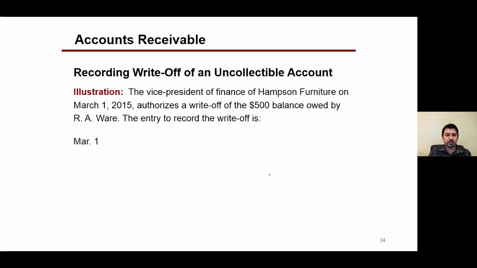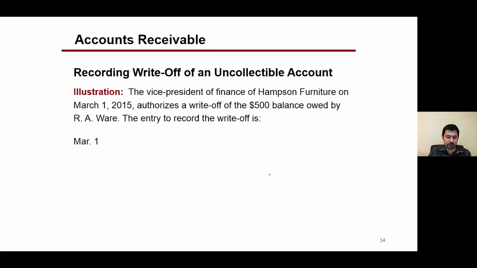However, write-offs are usually authorized only by management, in order to control write-offs, because at this point you don't want excessive write-offs.